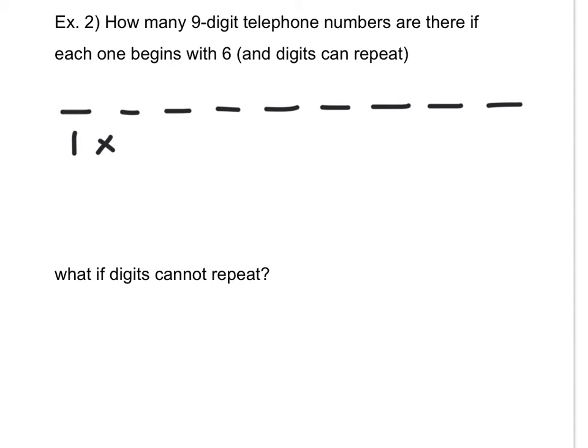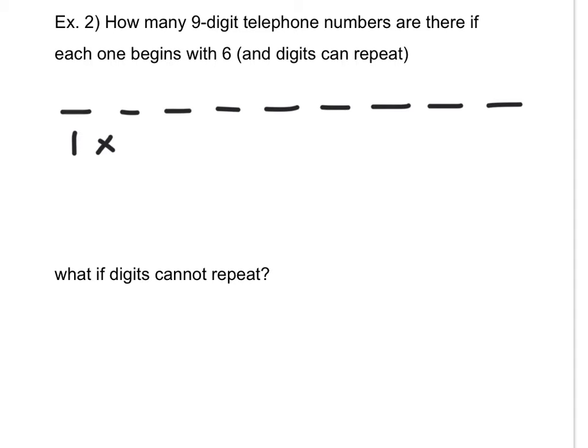Now, remember, for telephone numbers in general, we know that digits can repeat. For example, in my telephone number, the number 4 comes up twice. Actually, it comes up 3 times. So here, I just put in brackets that digits can repeat, just so that you know that they can with telephone numbers.